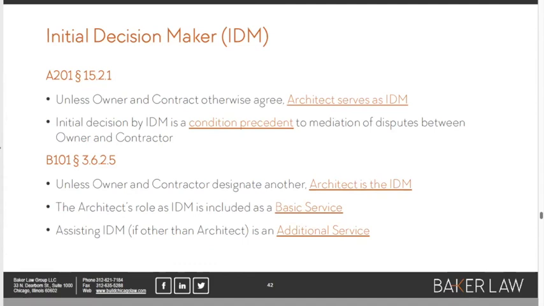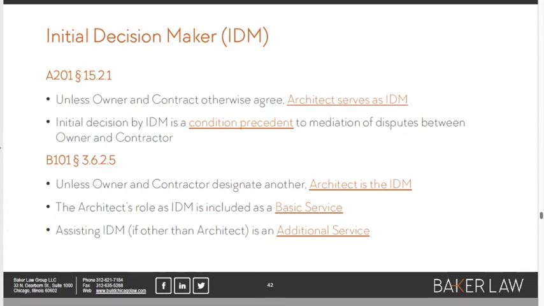There's a whole section at the back of the A201 general conditions, which says that there's this thing on the project called the initial decision maker. And I'll give you a little bit of history here real quick.